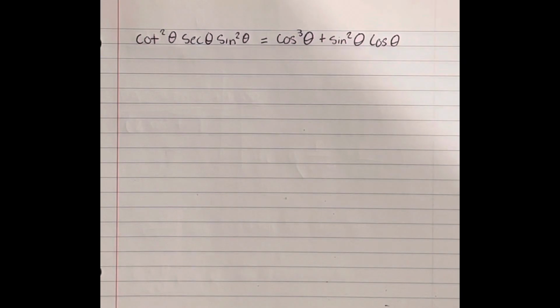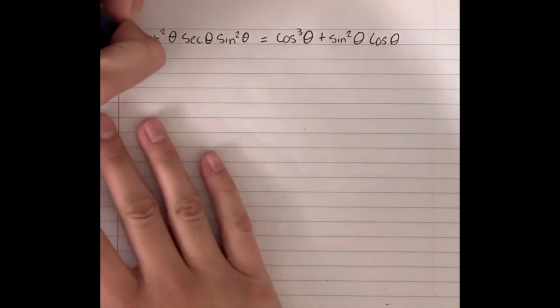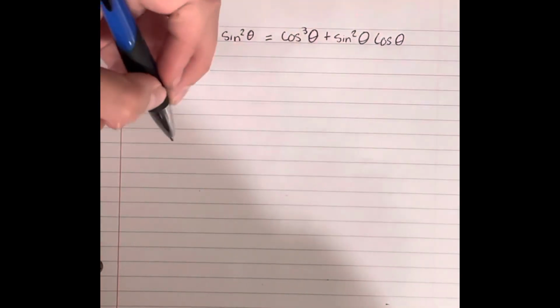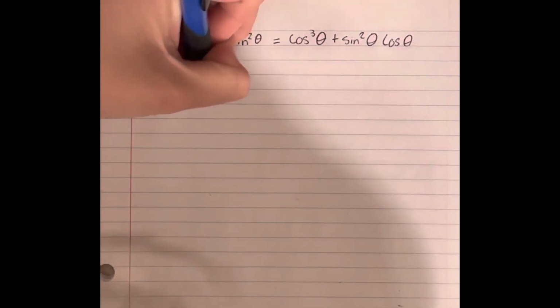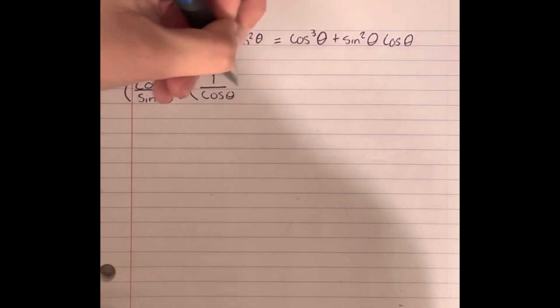So for trig identities, we are looking at left side equals the right side, and we're going to solve it. First, we're going to start off on the left side. Look at the top, cotangent theta is also equal to cos theta over sine theta as its quotient identity. The reciprocal of secant theta is 1 divided by cos theta.